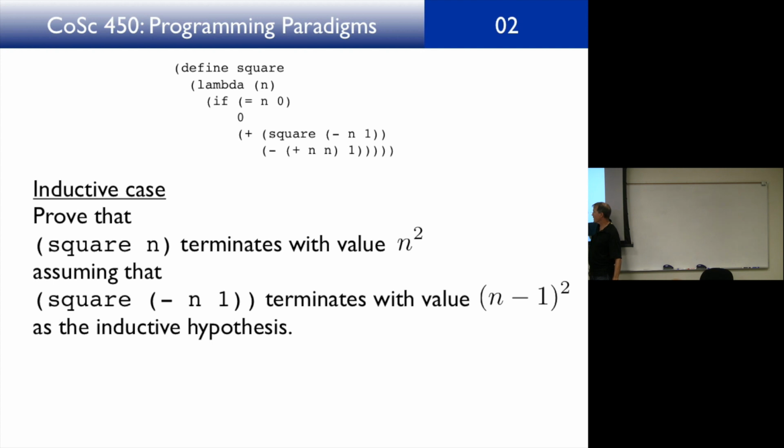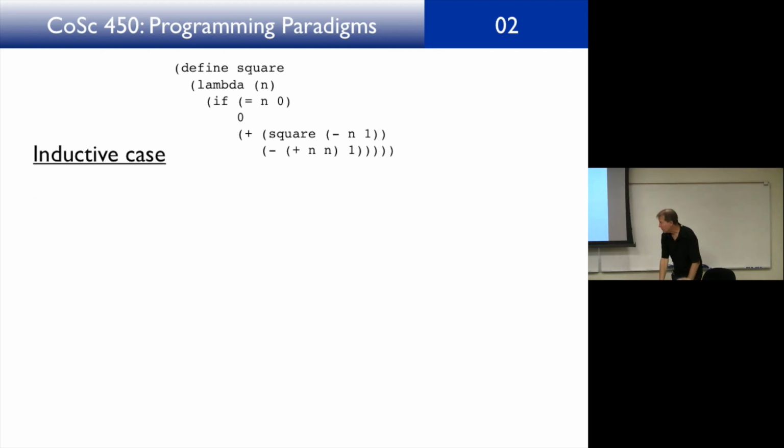So let's start with the value that square n returns, and then code inspection will be our first step. Do you see what I mean? So here's how we're going to do it. The inductive case, we're going to lay out like this. The value returned by square n.